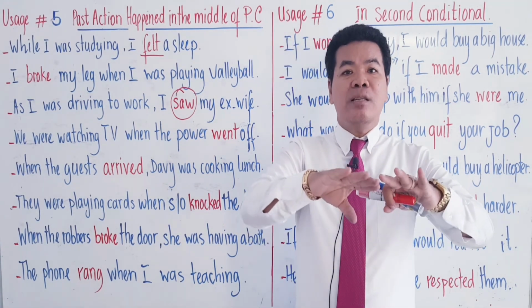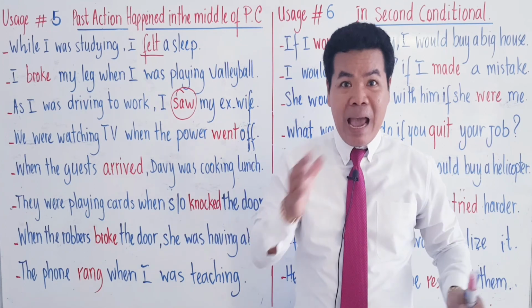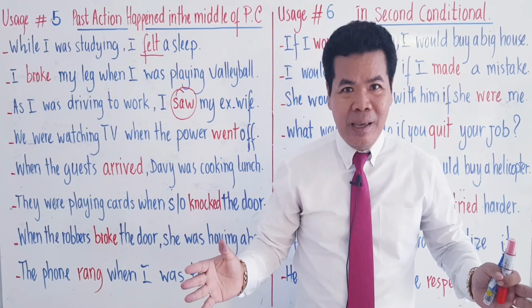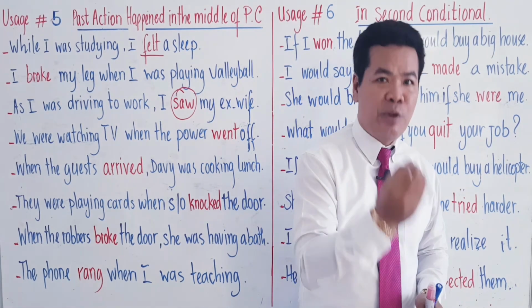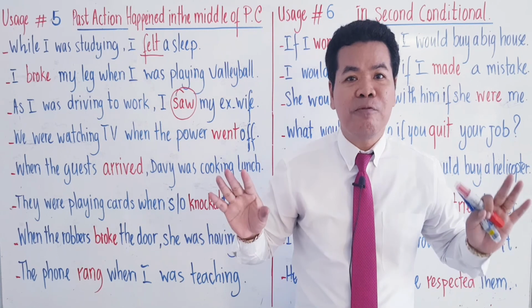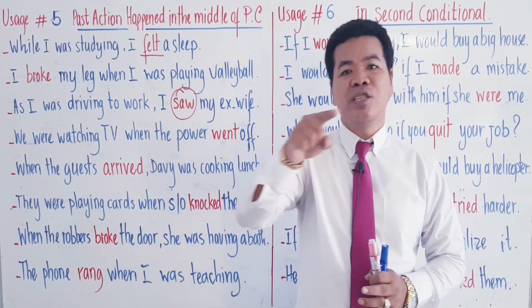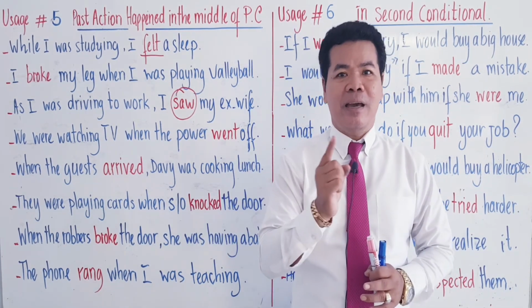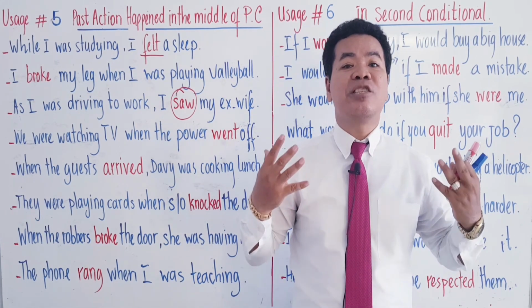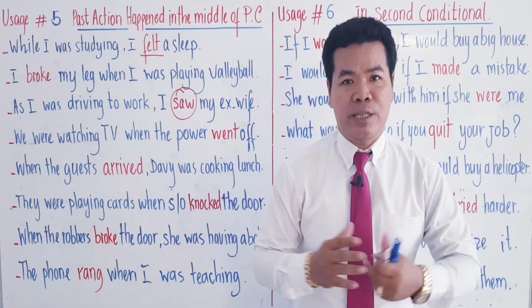So the action of the phone ringing happened in the middle of my action, I was teaching. When the phone started to ring, my action of teaching was still not finished yet. I was teaching, and then a simple past action happened in the middle, interrupting the past continuous.